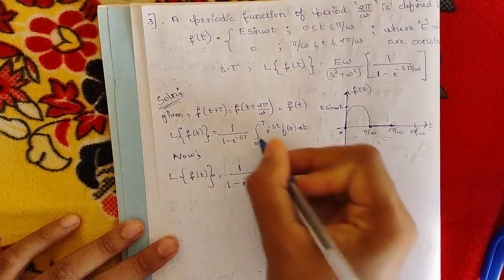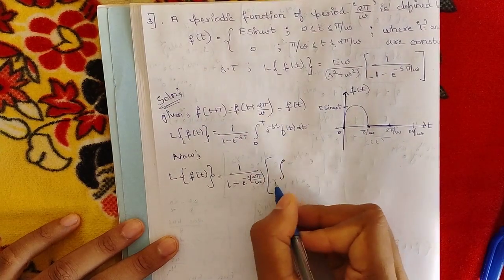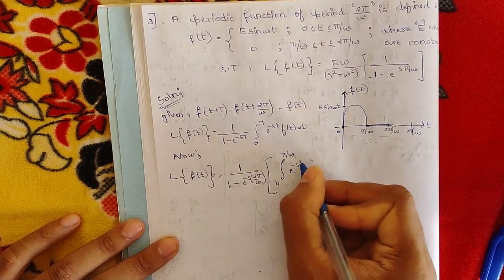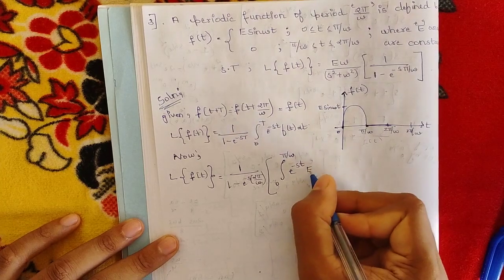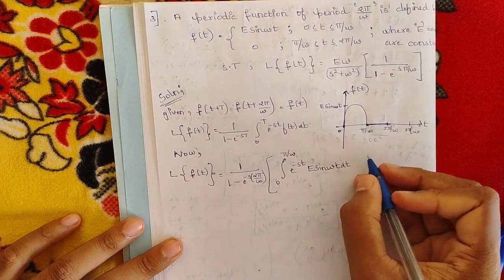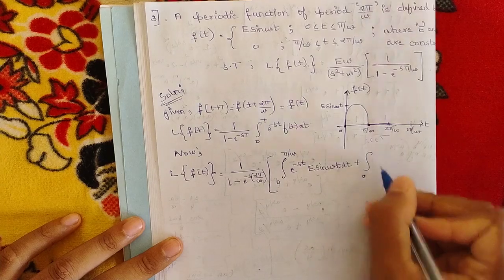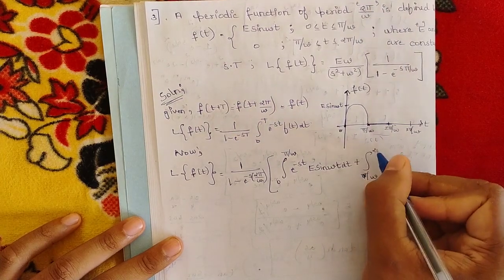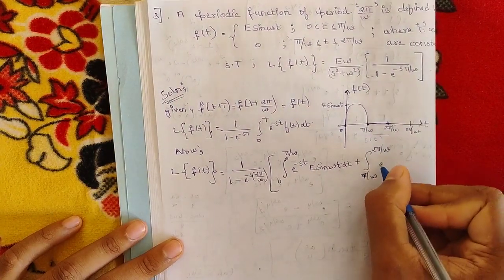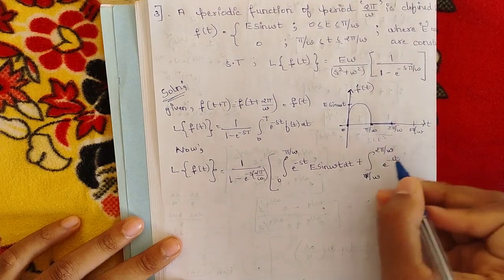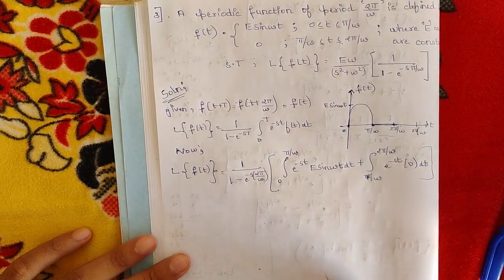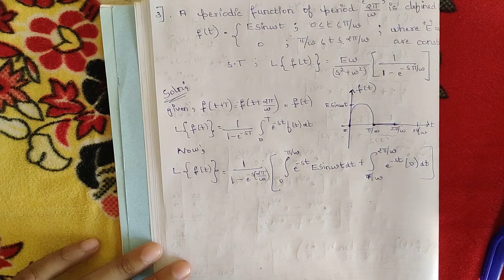Into, first the limits of 0 to T are from 0 to pi by omega. That is, the integral of e to the power minus st into E sine omega t dt, plus the integral from pi by omega to 2 pi by omega of e to the power minus st, where the value of f of t is 0, dt.